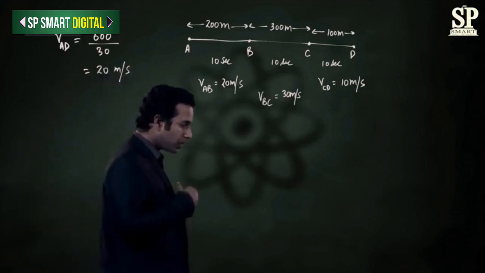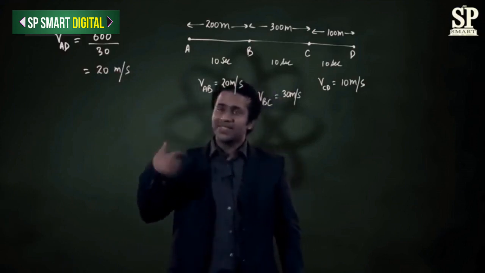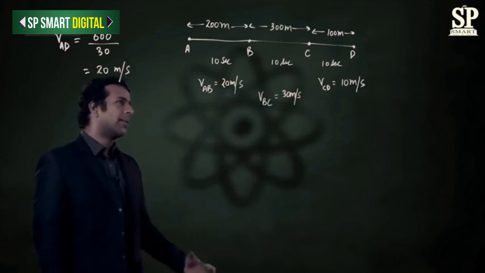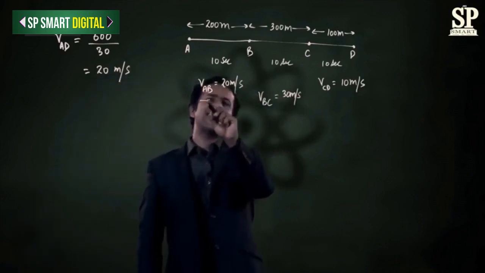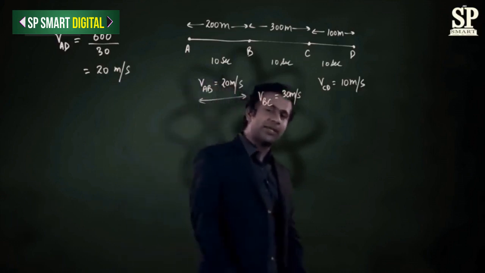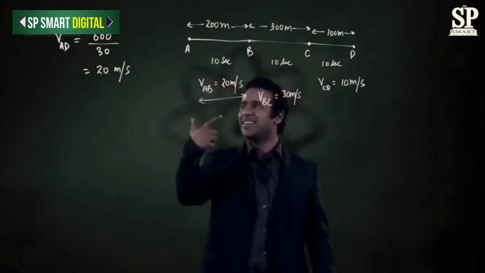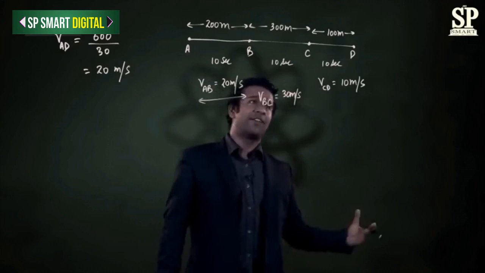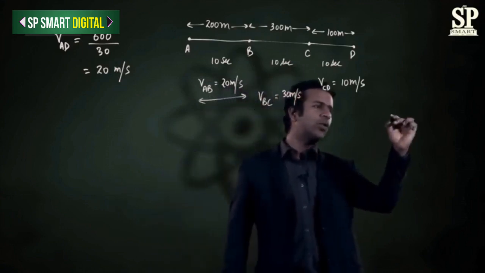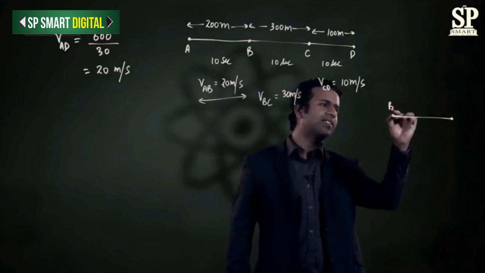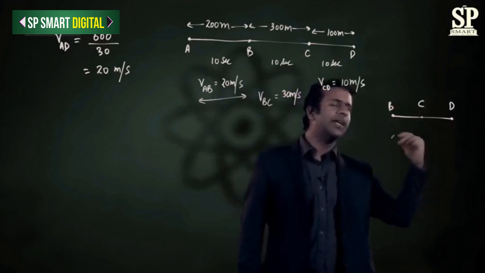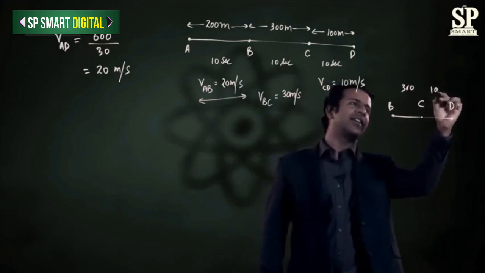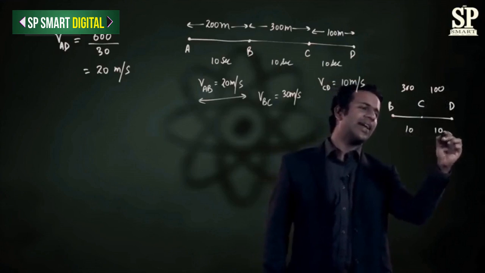Right. So, what is the speed? Think about it. The speed says 20 meter per second, but only during the first 10 seconds was it moving with 20 meter per second. Now, it so happens that in this case, we are getting a value which is similar, but it might so happen, like for instance, if our question was only from B to D, that is, the particle had only gone from B to D, you know that distance is 300 and 100, the times were 10 and 10.